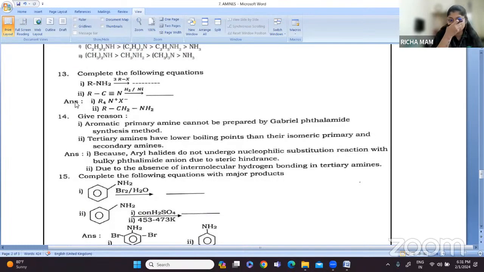Okay, so complete the following equations. Here you see RNH2 reacted with 3 alkyl halide.